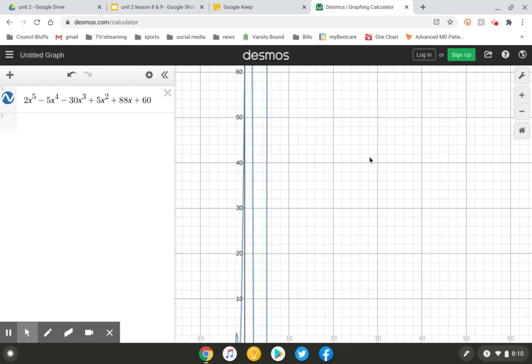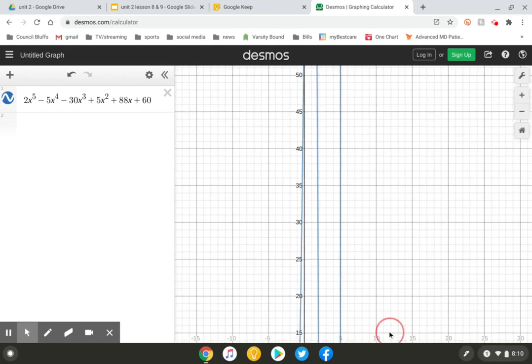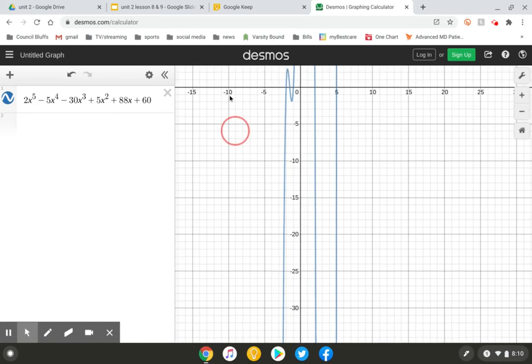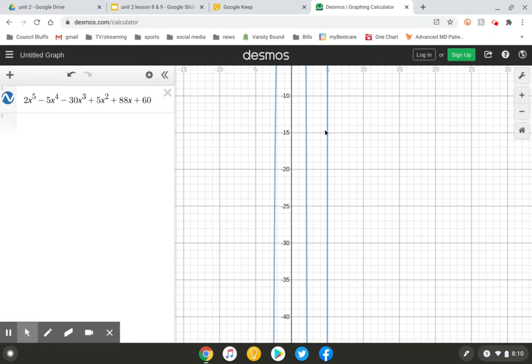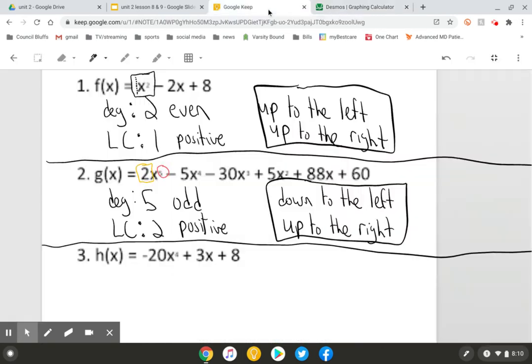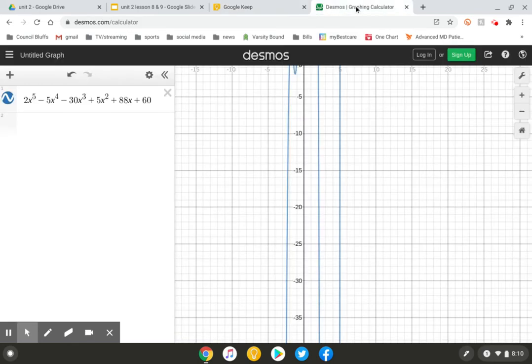So we can see here, okay, there's a lot happening in the middle, but as x gets really small, so as I move to the left, the graph goes down, hence down to the left.